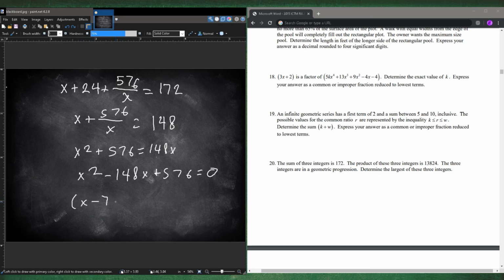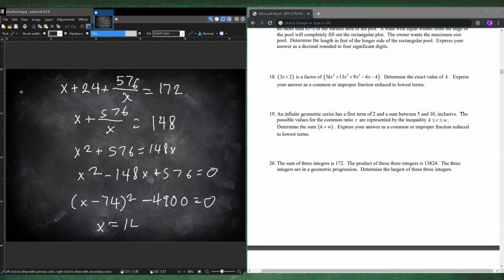74 times 74, and then minus 576. So this one is minus 49, right? So taking the square root of that, that's 70. So 70 plus 74 is equal to 144.